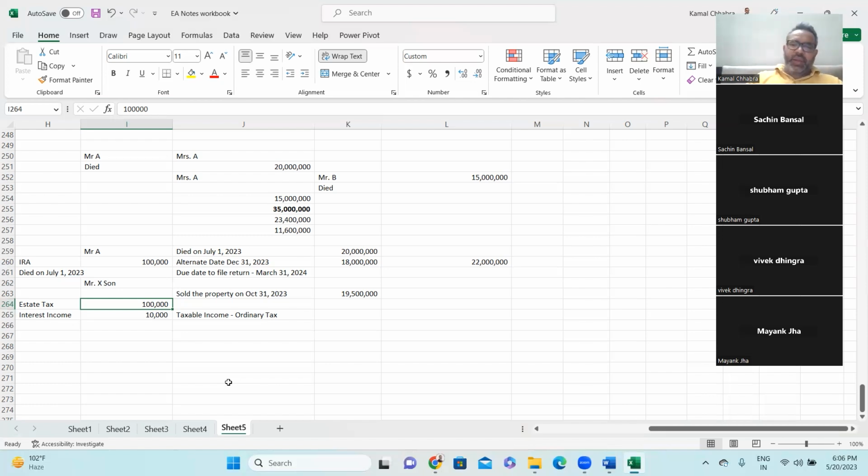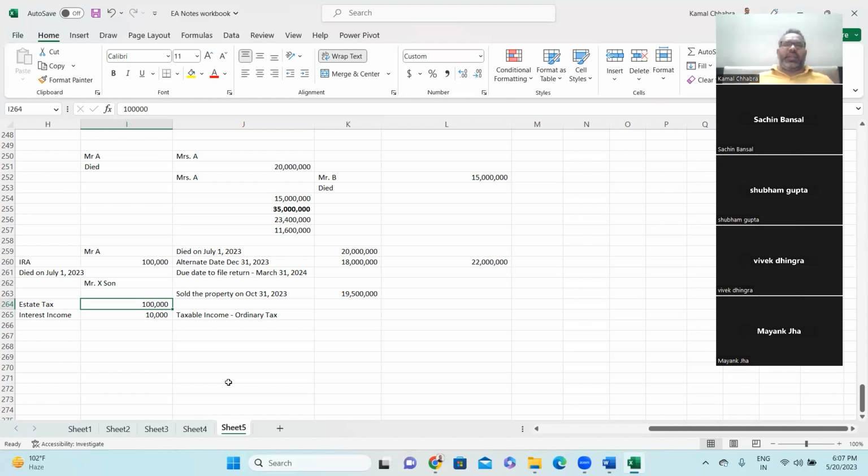Same way, the IRA or retirement plan which he has contributed throughout his life would be considered as estate in the hand of the heir. And if the total estate value after all the deductions is greater than $11.7 million, then that individual needs to pay estate tax.